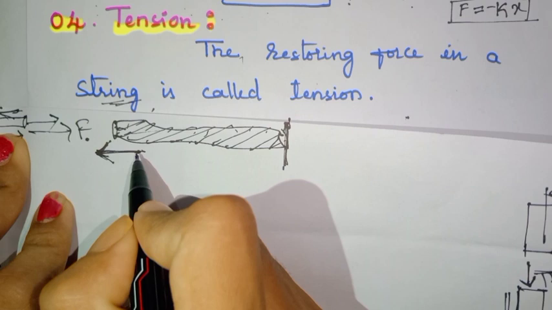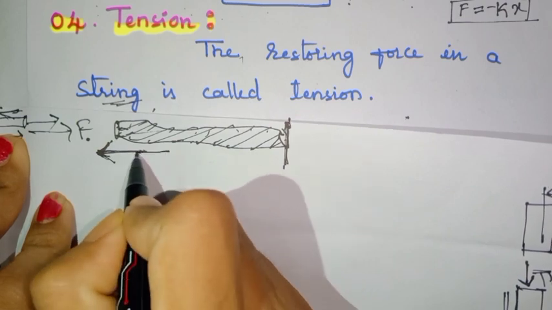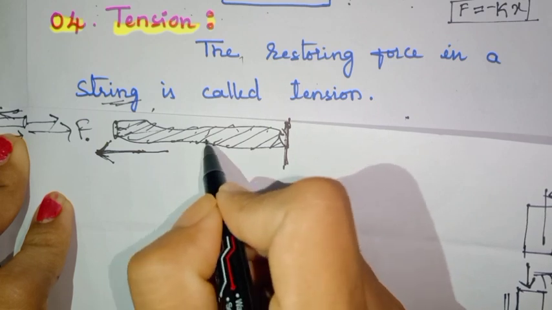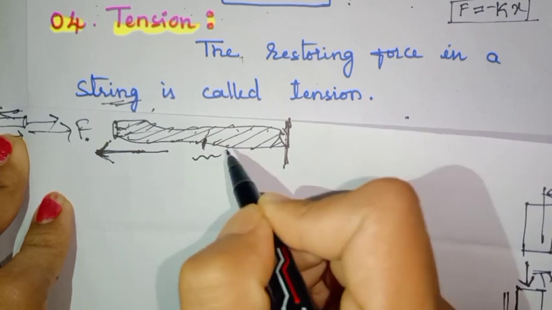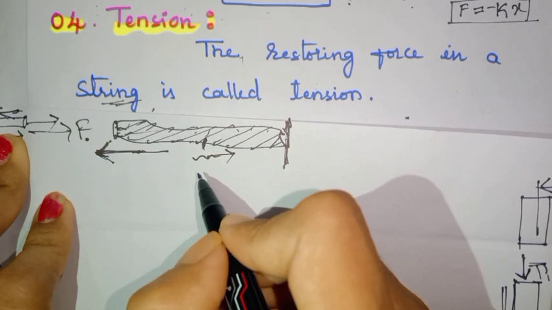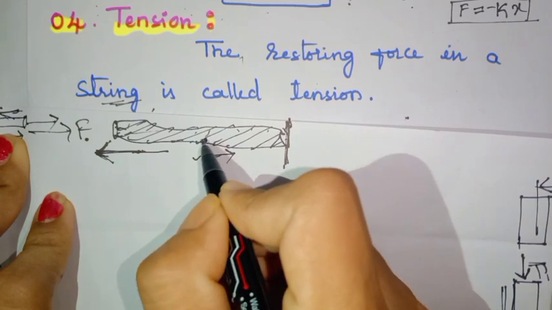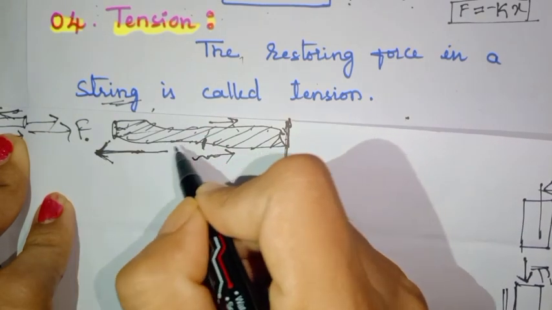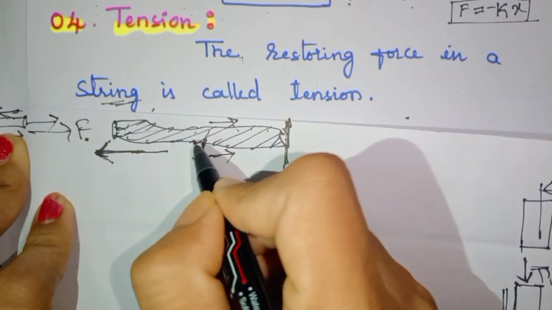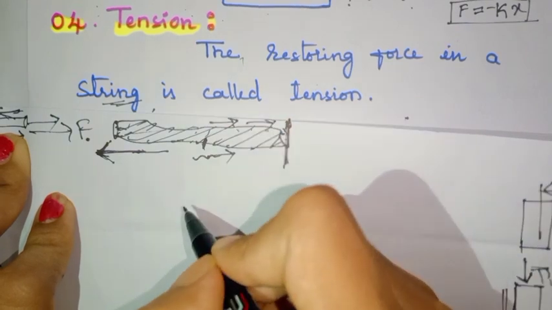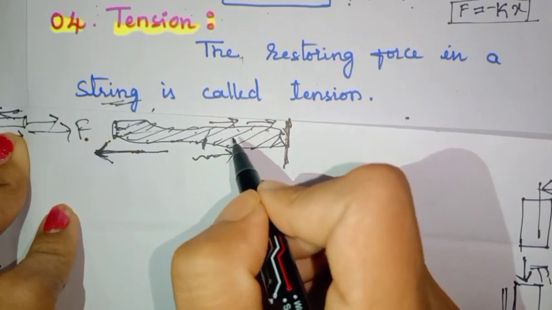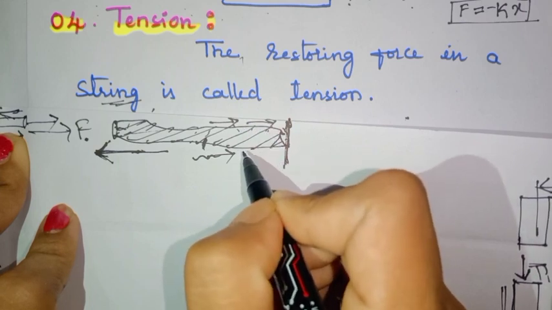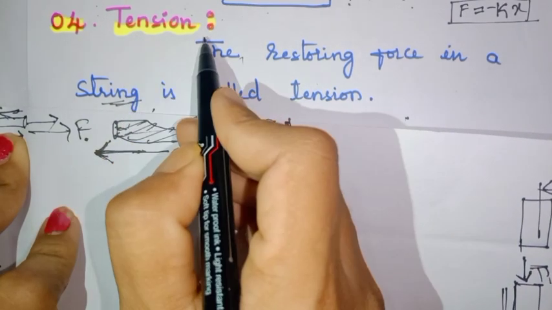Then all the layers try to move in this direction. But if you observe clearly, in between, certain layers will move in the opposite direction to the applied force. Try to do it, you will observe it. It is trying to bring the rope back to its original position, I mean to restore its position, and that restoring force in the string is called tension.